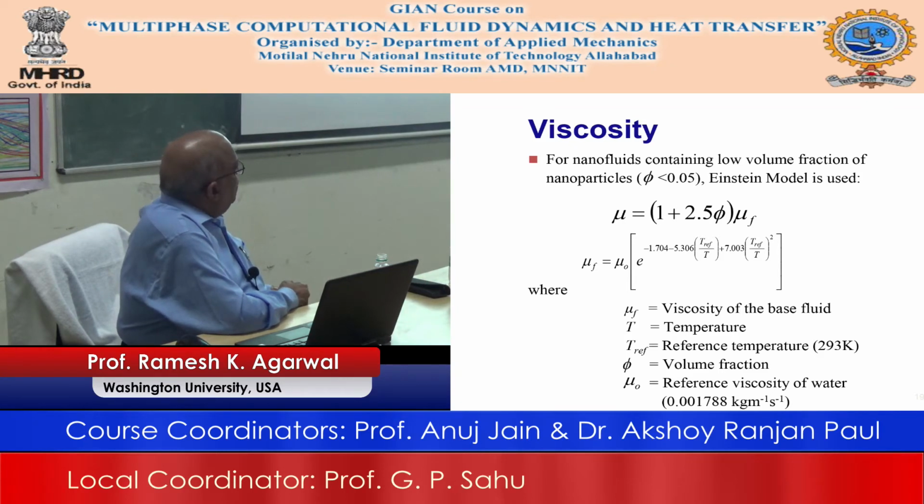This is not a universal relation. You can fix your own, like people are using some analog of Sutherland's law, some power law, etc. But this is the one that this particular paper has used. So again it has the particular effect of temperature, but this formula is very much used based on the fraction of the fluid element. But the major physical assumption is that it must be in Brownian motion.